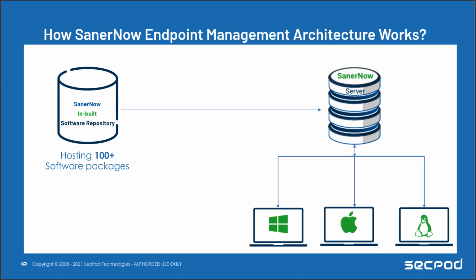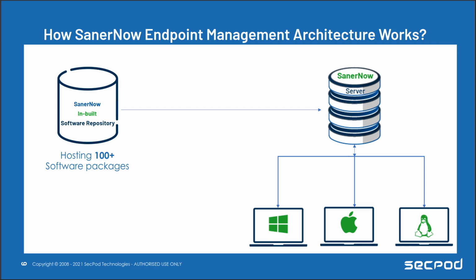So, explain to us about the endpoint management architecture, Aldrin. Oh, well, the architecture of endpoint management is almost similar to all the other architectures you would have seen in the previous webinars. The architecture actually comprises 3 major components. The first is the interactive Saner dashboard, which helps administrators to perform all the actions. The second one is the Saner agents.